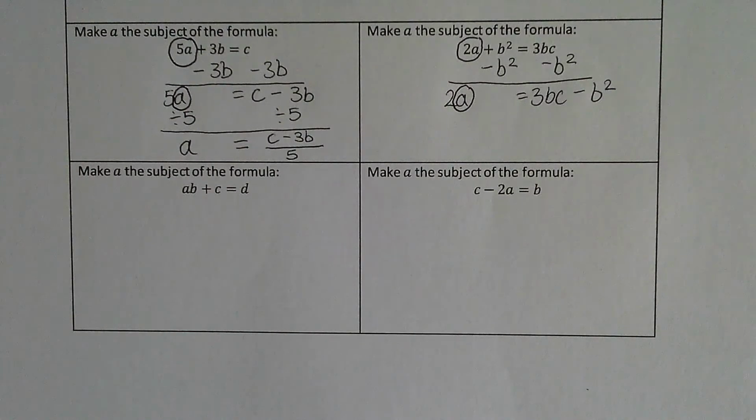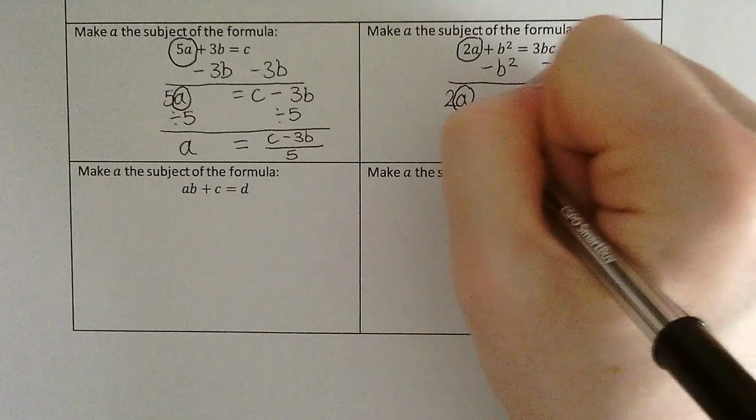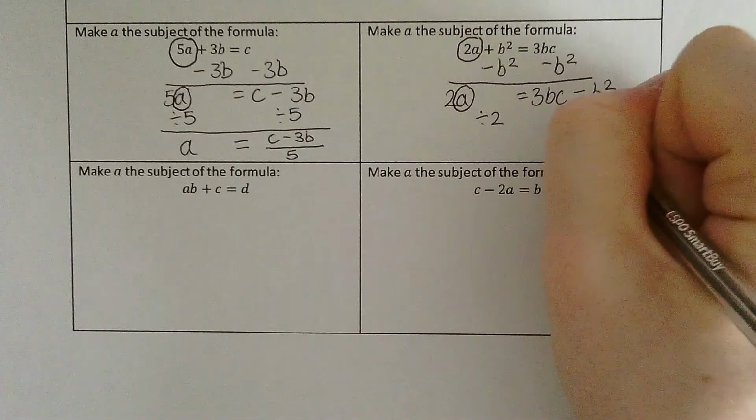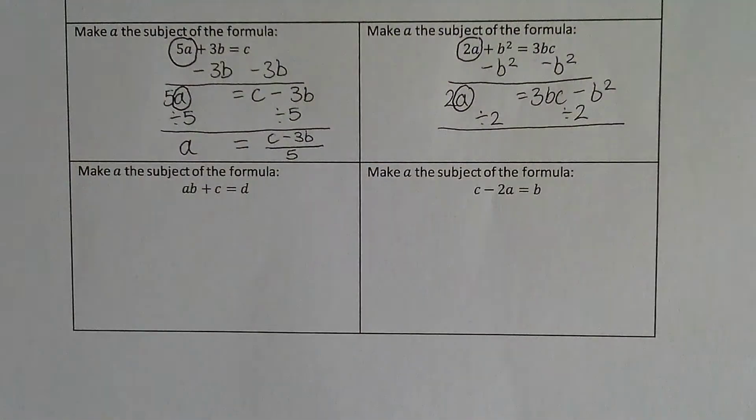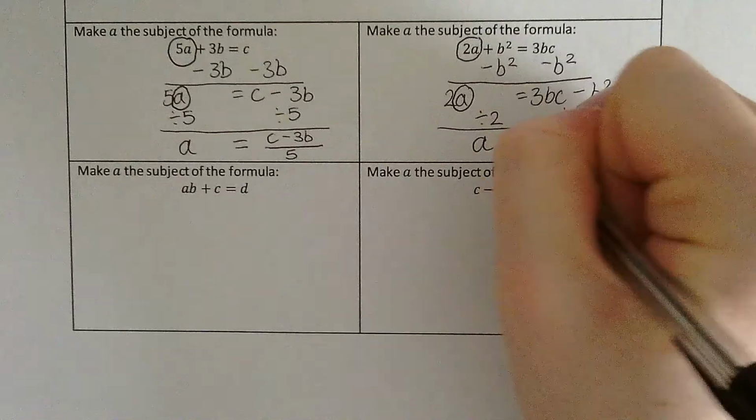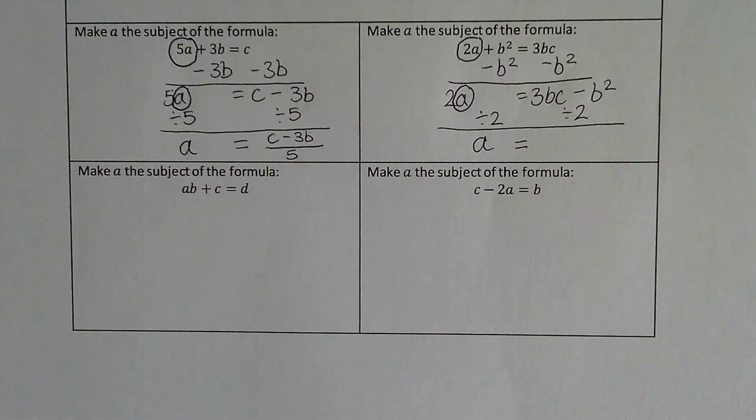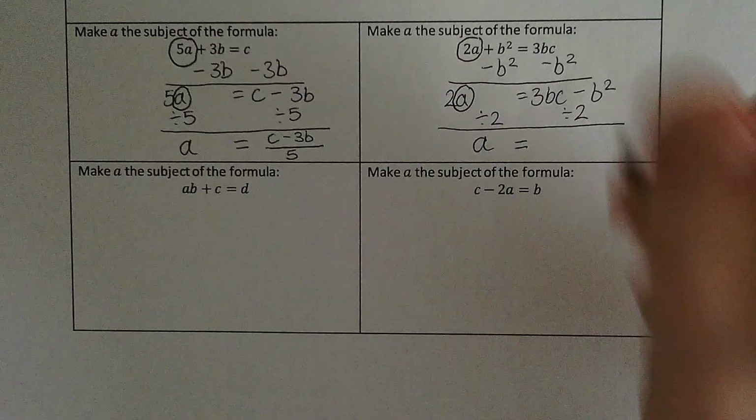So we need to get rid of the multiply by 2 by dividing both sides of the formula by 2. 2a divided by 2 is going to leave us with just a. The equal sign is going to drop down. And then we have 3bc take away b squared all being divided by 2.